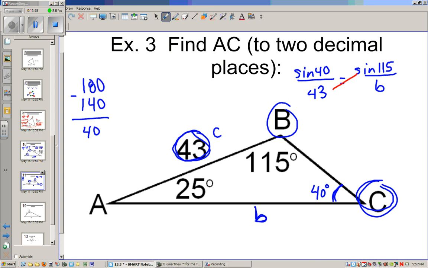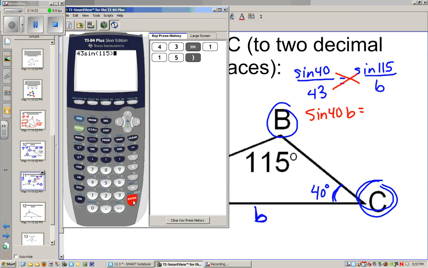So after we cross multiply here and solve this, we get sine of 40 times B equals, let's figure out what 43 times sine of 115 is. So 43 sine of 115, we get 38.97.